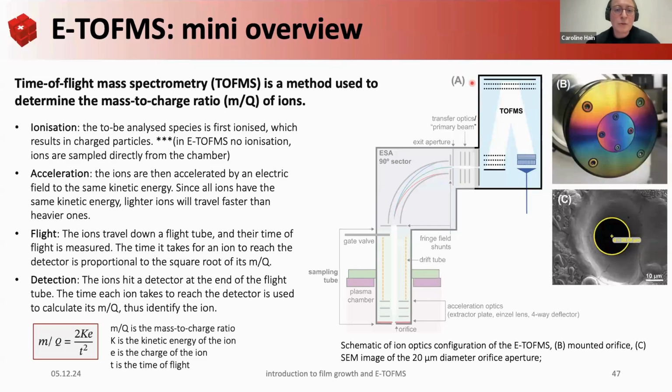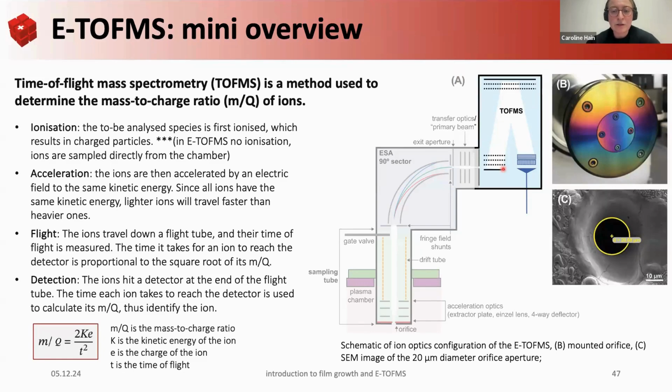If we have a classic TOF MS where we look at neutrals, you would have first an ionizer. In this case, we're only sampling ions, so we don't need this ionizer. And the ions get accelerated by an electric field, so they reach the same kinetic energy.